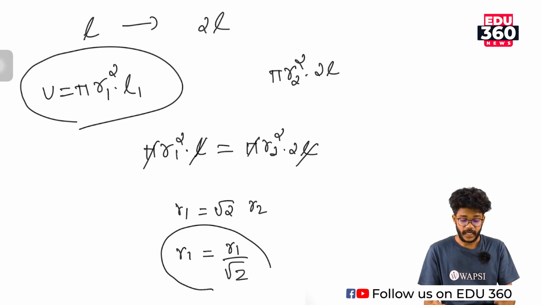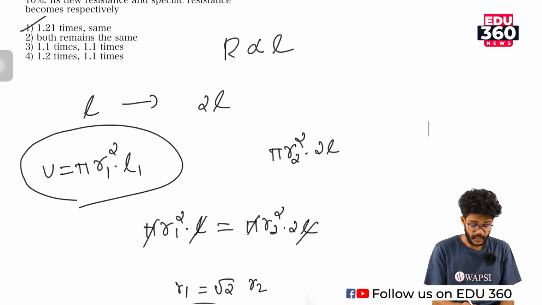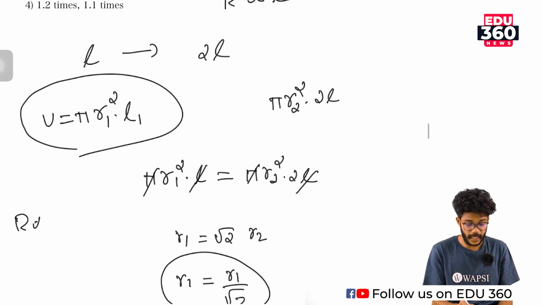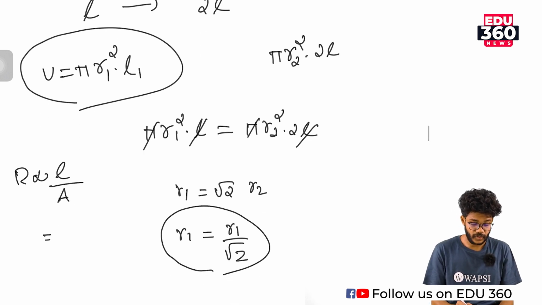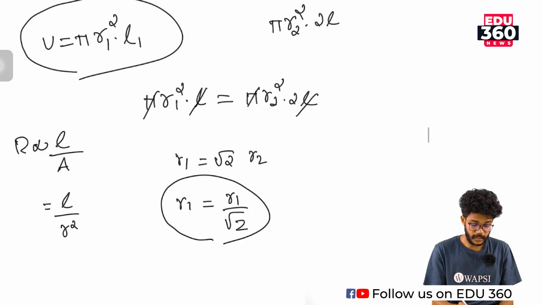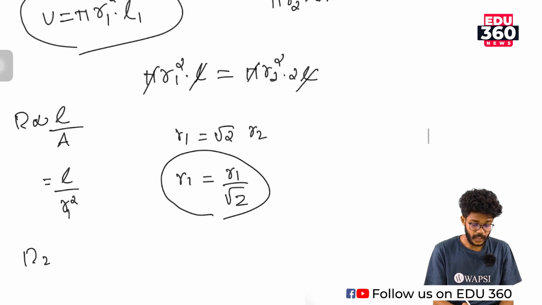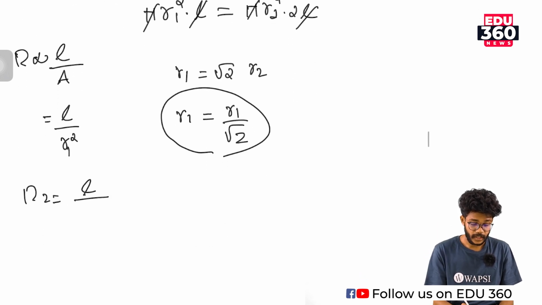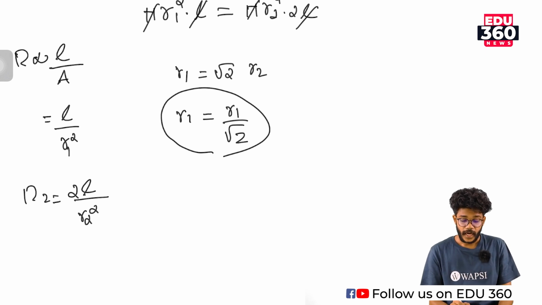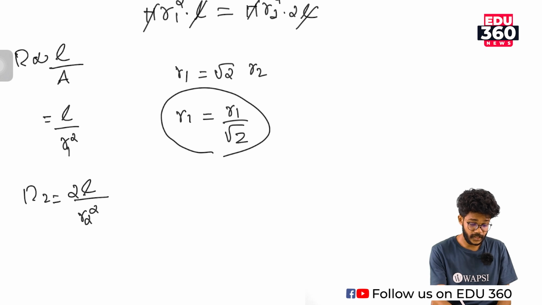root 2. Then the resistance is proportional to L and inversely proportional to area, and area is nothing but pi r square. So R1 is L by r1 square, and R2 is 2L by r2 square.